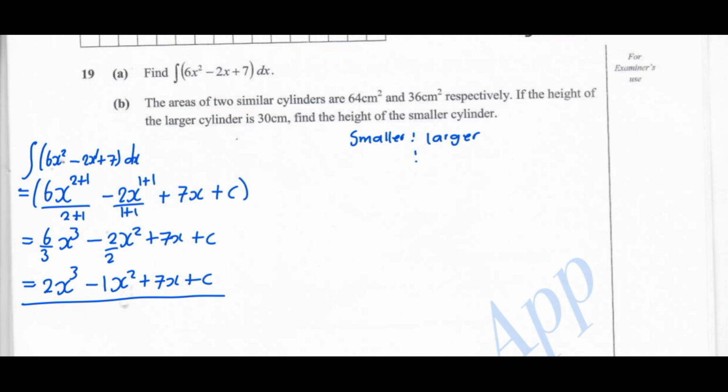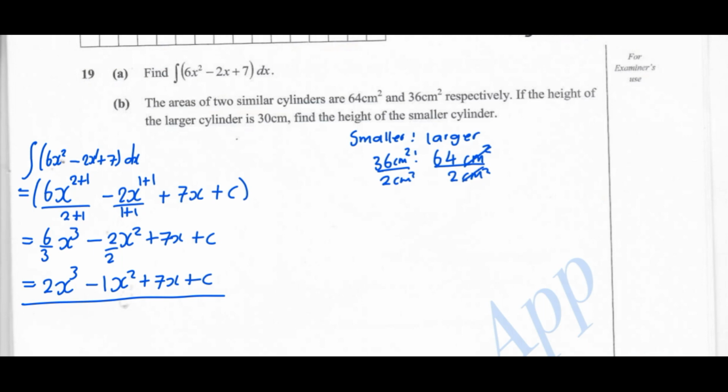So the larger has 64 squared. Then here we have 36 squared. So let's make these in terms of ratios. Which number can we divide by? Let's divide by 2 centimeters squared, also here 2 centimeters squared.